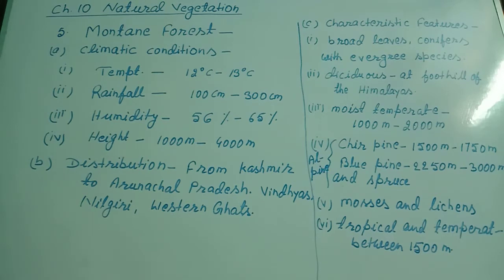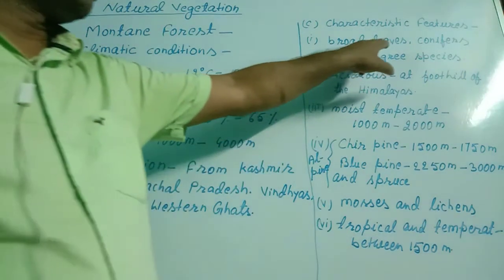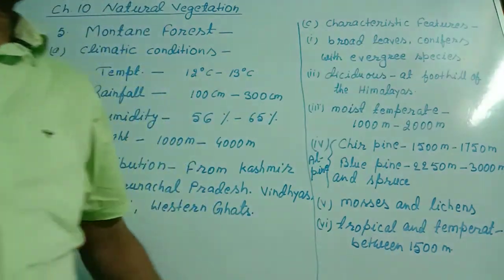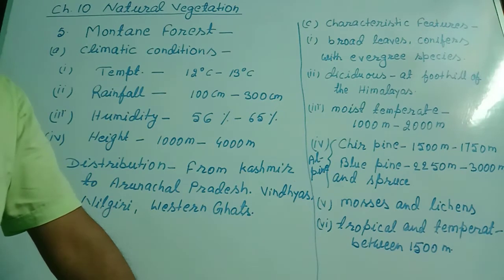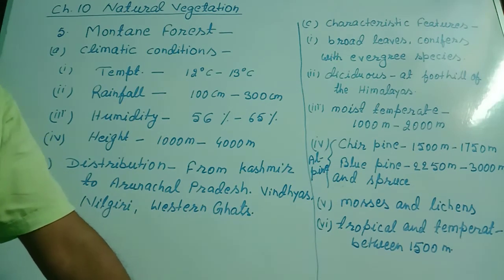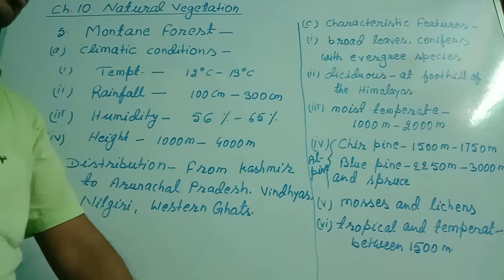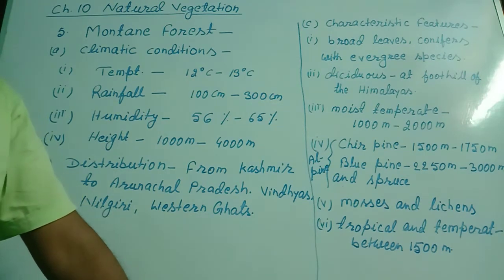The characteristic features of mountain forests are as follows. It has broad leaves and conifers. Conifers are the vegetation that have needle-shaped leaves. You can understand the importance of these needle-shaped leaves, because there is a lack of rainfall.